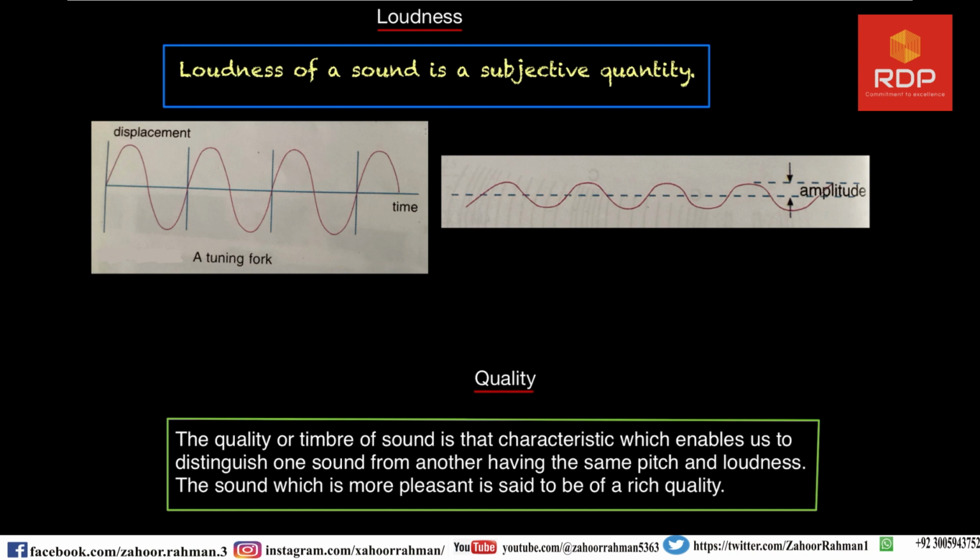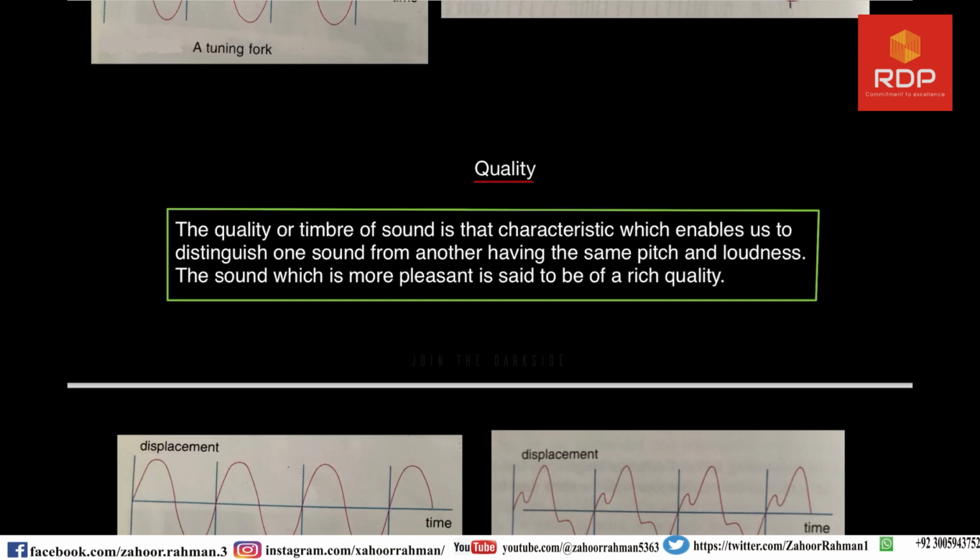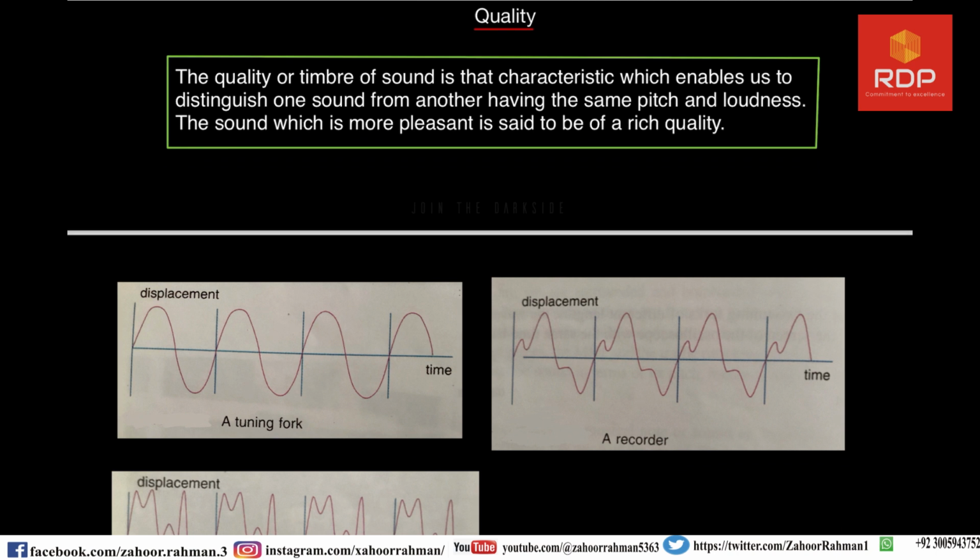Although the frequency and the amplitude are the same, one sound is pleasant to the ear, but the other sound is not pleasant to the ear, then we say that the sound which is very pleasant to the ear is of good quality. For example, musical sound. So, musical sound is always feeling good to the ears.